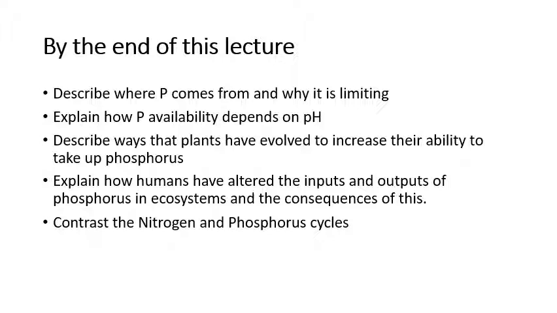And then when it comes to cycling within the ecosystem, you also try to contrast the different fluxes and the different constraints of the nitrogen and phosphorus cycles. And if you can do that, then I think you'll have understood and you'll be prepared well for understanding the exam, and you'll be able to move forward as an ecologist.